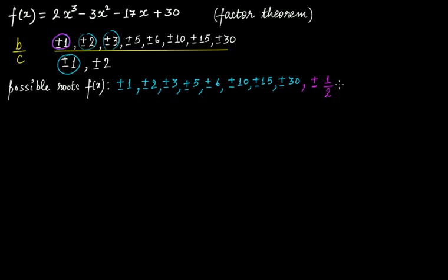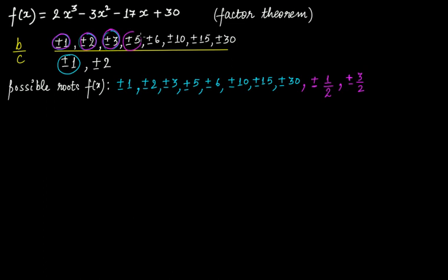Now take this plus minus 2 and divide this by plus minus 2. In that case you will get plus minus 1. Now we already have plus minus 1 here, so ignore it. Now take plus minus 3 and divide this by plus minus 2. So this b by c fraction will be plus minus 3 by 2.